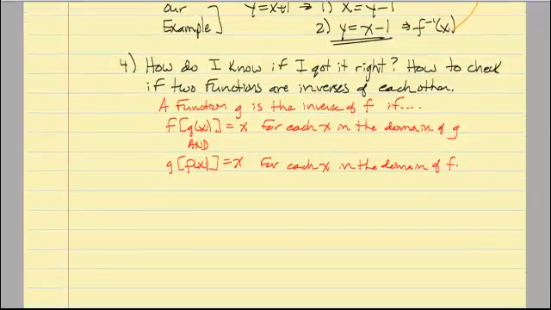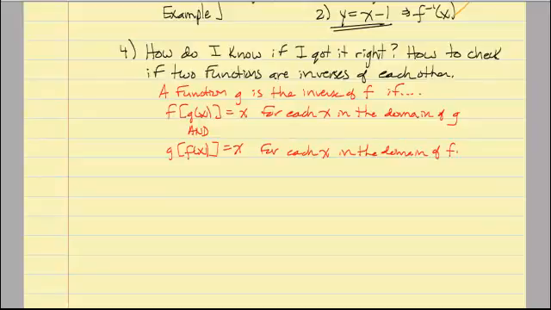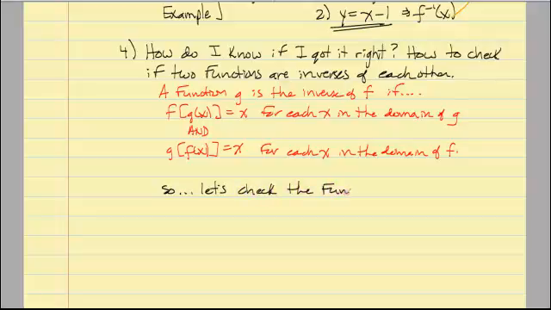So let's go ahead and check the functions we found. We had f of x equals x plus 1 as our original. And then we're also given f inverse of x that we determined was equal to x minus 1.